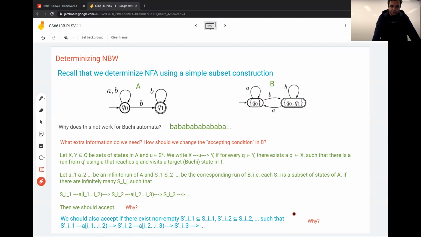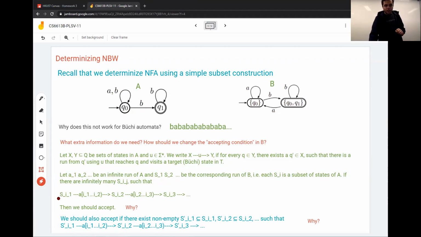Okay. So if in the run of the deterministic automaton, I can find infinitely many places where I can chop the run, so at indices ij, I can basically chop the run such that I have this. Basically, Si1 covers Si2, Si2 covers Si3, and so on.